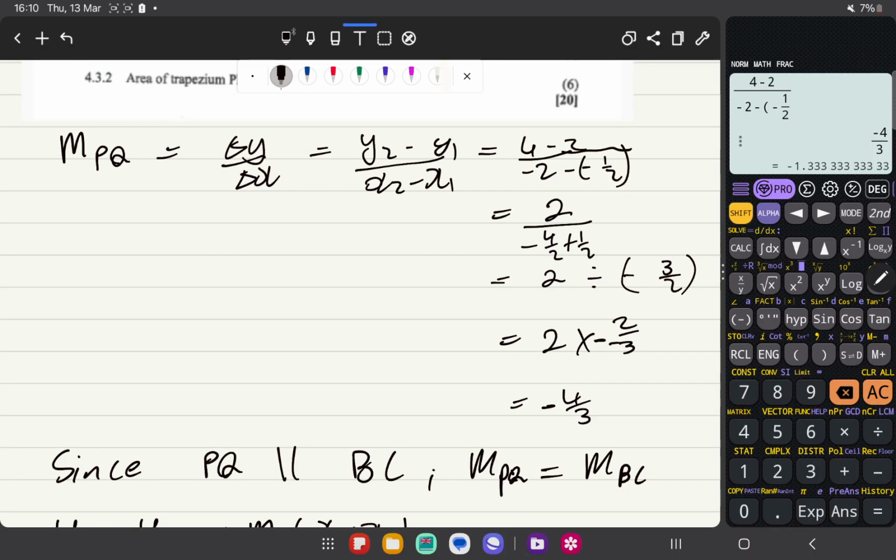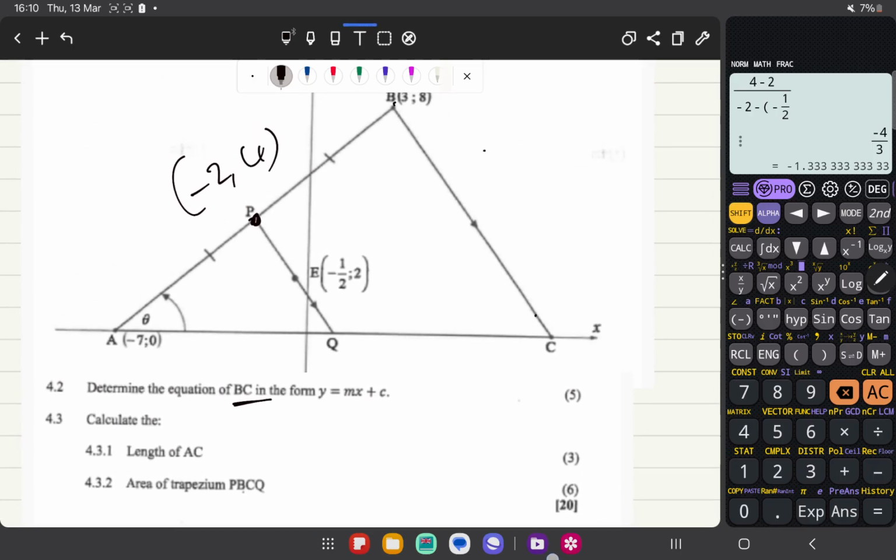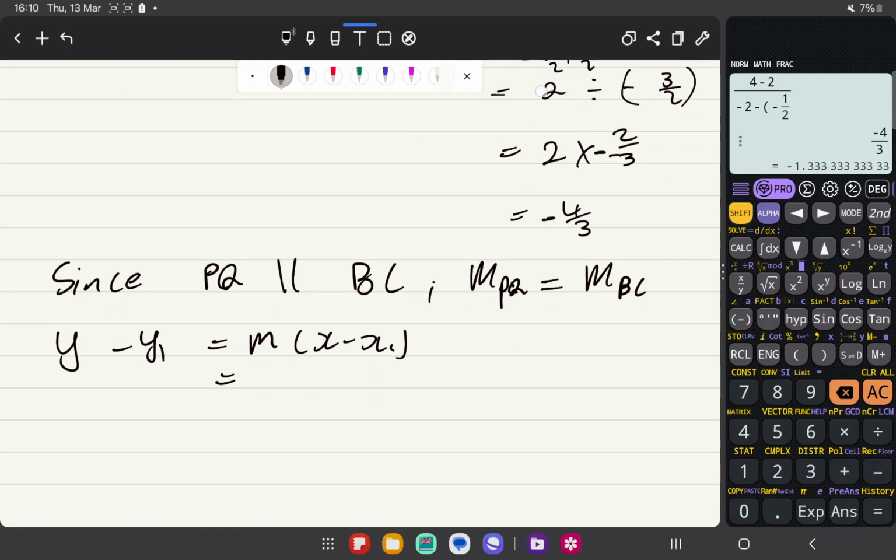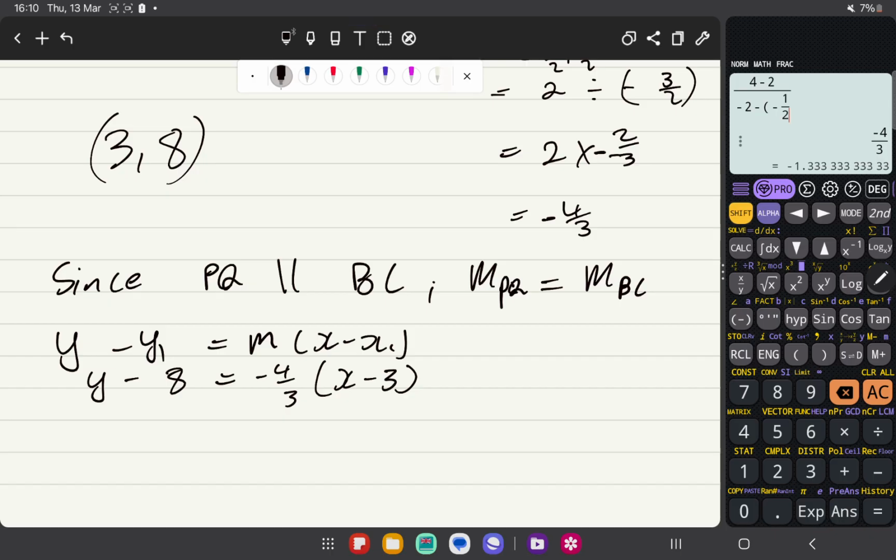Then I need that point 3 and 8. The point is 3 and 8. So now I substitute that point. I have y minus 8 equals minus 4 over 3 into x minus 3, right?